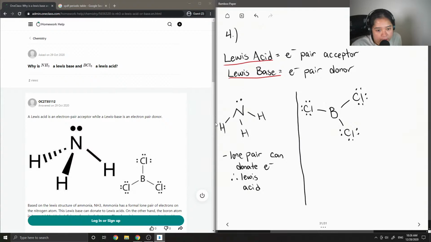And notice that the boron has an empty orbital. So you can see that it doesn't satisfy the octet rule. So it can easily accept a pair of electrons. So therefore, this is a Lewis base.